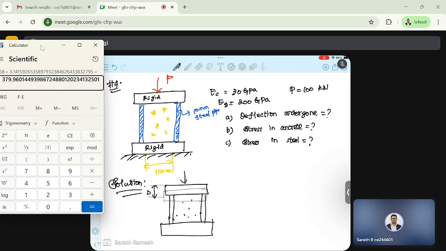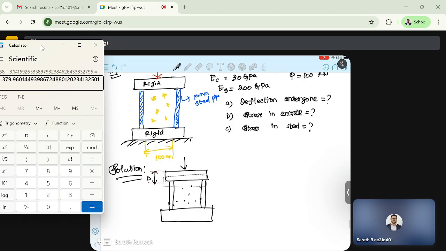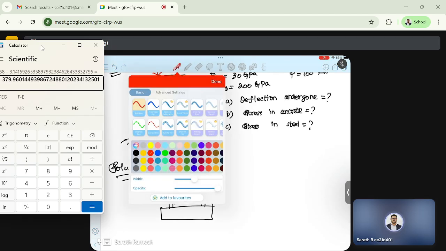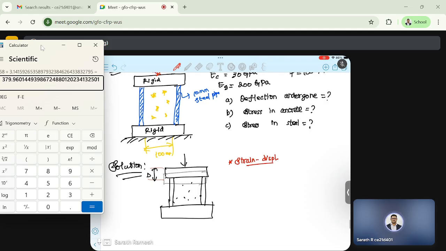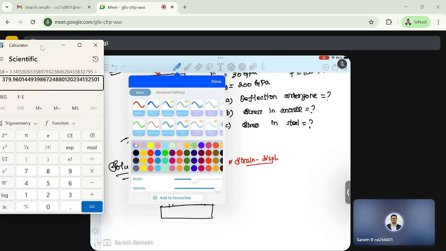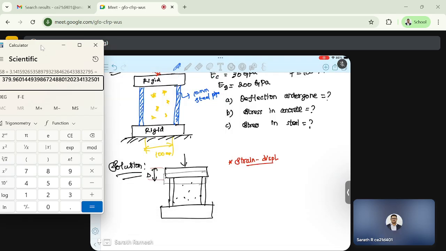Now we again have the strain displacement relation, constitutive relation, compatibility equation, and equilibrium equation. Let's apply them one by one. First, I'm going to apply the strain displacement relation. If I fix my coordinates, the vertical is z, and this is y, and this is x.